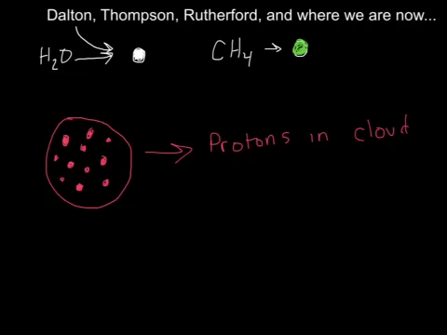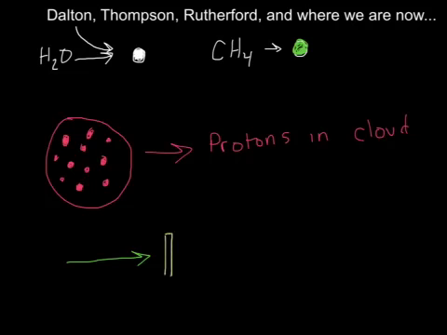And then Rutherford's experiment. We talk about Rutherford, and he was the one who shot at a gold foil. I don't really have gold on here, so we'll do our best.